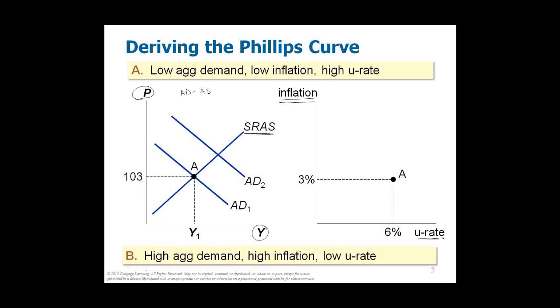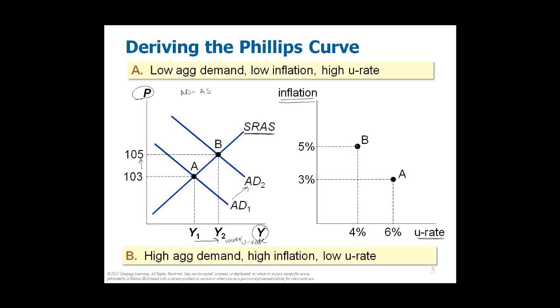Now let's look at point B. And in this scenario, we have a higher aggregate demand. Sure, that looks about right. We have a higher inflation. Price level went up. Good. And as we moved out this way, right, the unemployment went down. So this is a lower unemployment rate. So if we go to plot point B on the right side on our Phillips curve, it will look something like this.